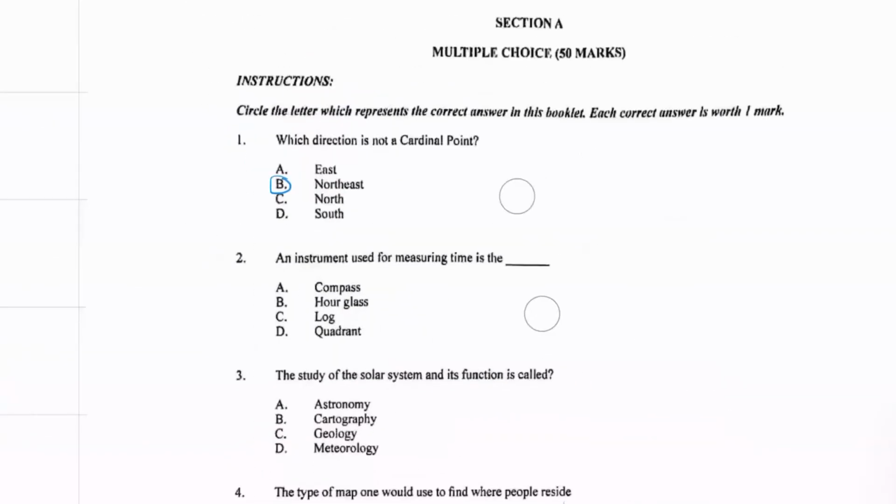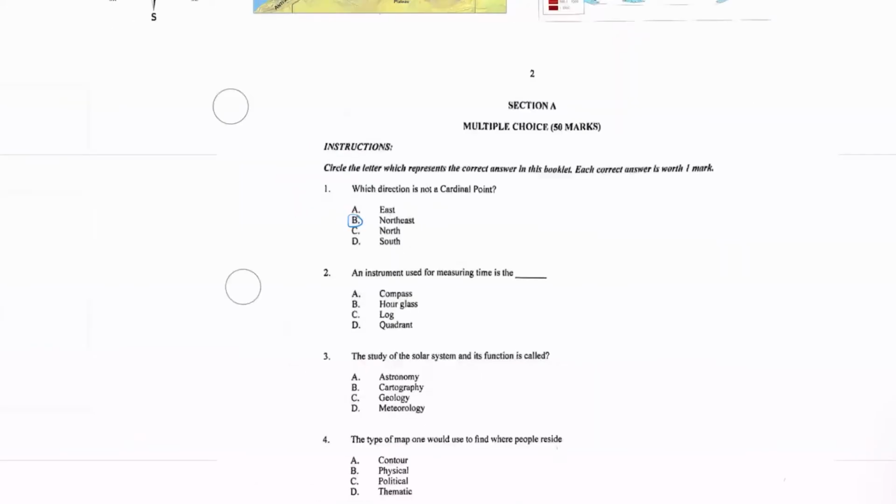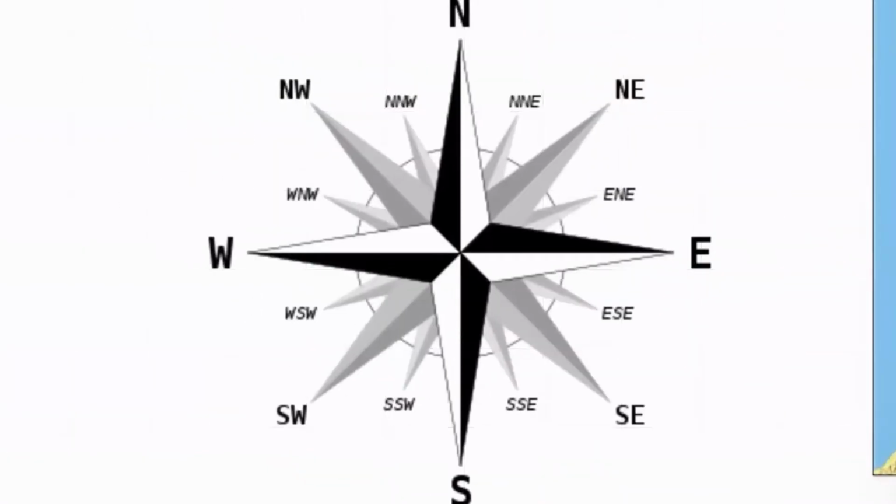Okay, so let me explain that to you using this compass right here. On the compass, we have different points. The cardinal points are north, east, west, and south. So those are the main points.